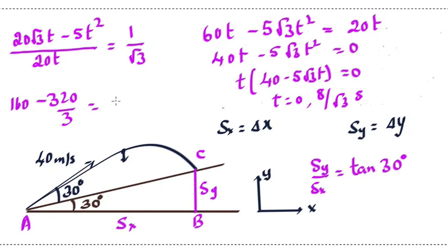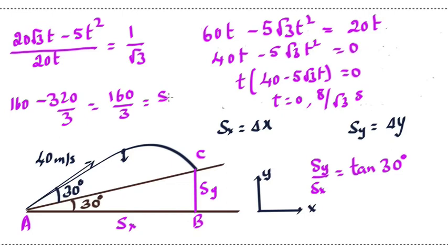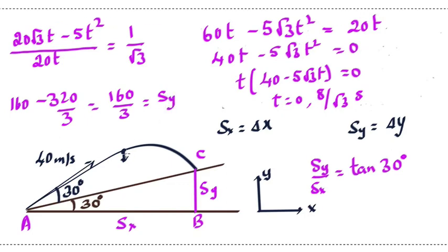This is 480 minus 320, which is 160 by 3. That is Sy. Similarly, Sx. Sx is 20 times t. So Sx is simply 20 multiplied by 8 by root 3, 160 by root 3.